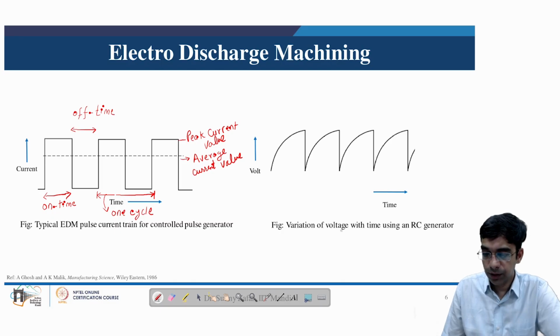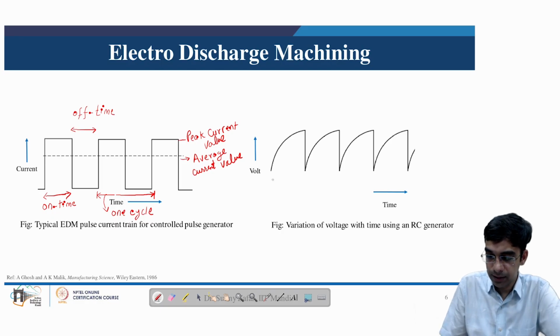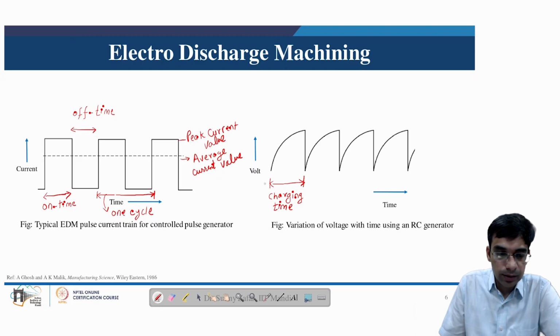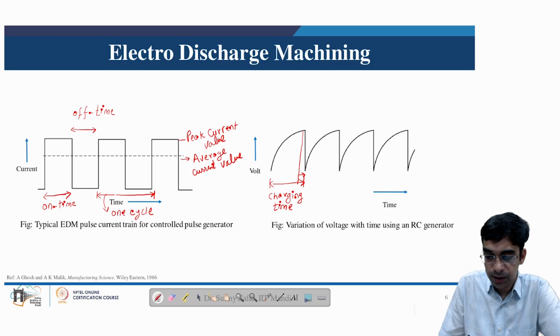Similarly, if you look at the variation of voltage with time using a relaxation circuit generator, here also we can see that there are different aspects to this plot, which include the charging time, then we have the short duration where the discharge happens.